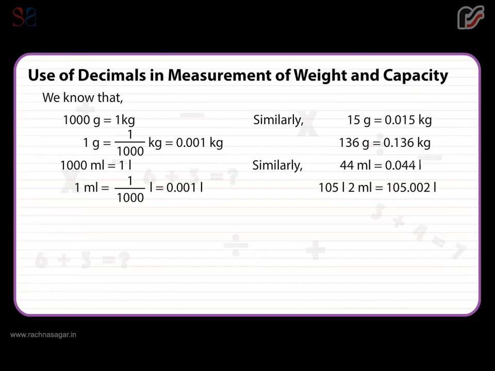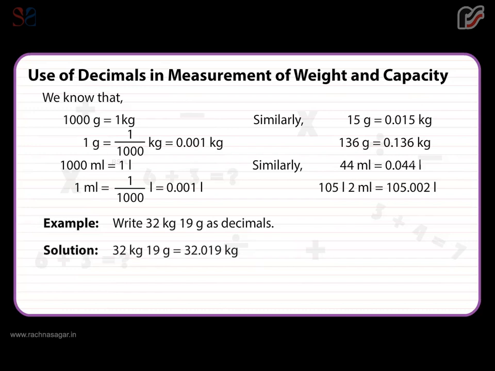Similarly, 44 milliliter is equal to 0.044 liter. 105 liter 2 milliliter is equal to 105.002 liter. Example, write 32 kilograms 19 grams as decimals. Solution, 32 kilograms 19 grams is equal to 32.019 kilograms.